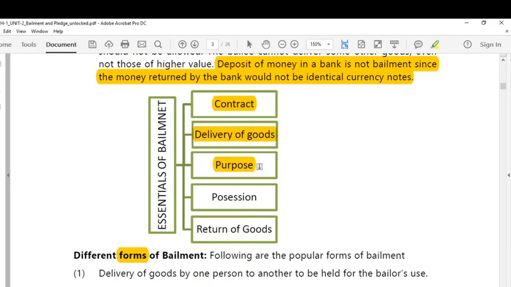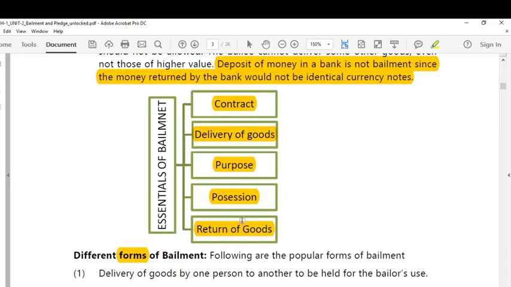There should be a purpose behind the delivery of goods by the bailor to the bailee, and the possession of goods should happen with the other person, then only he will be called a bailee. And a return of goods: the goods which are given should be given back as they are to the bailor by the bailee as per the directions of the bailor. So these are the 5 essentials of a bailment.